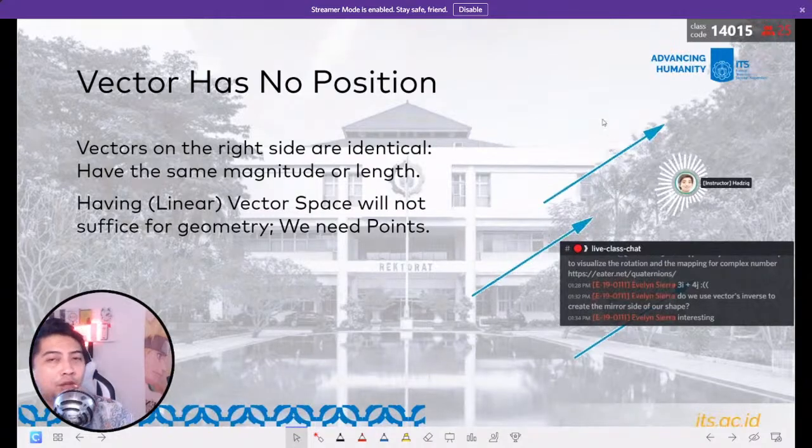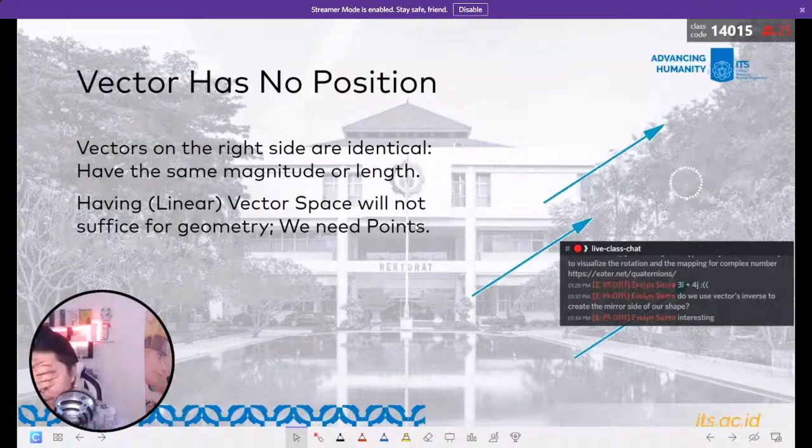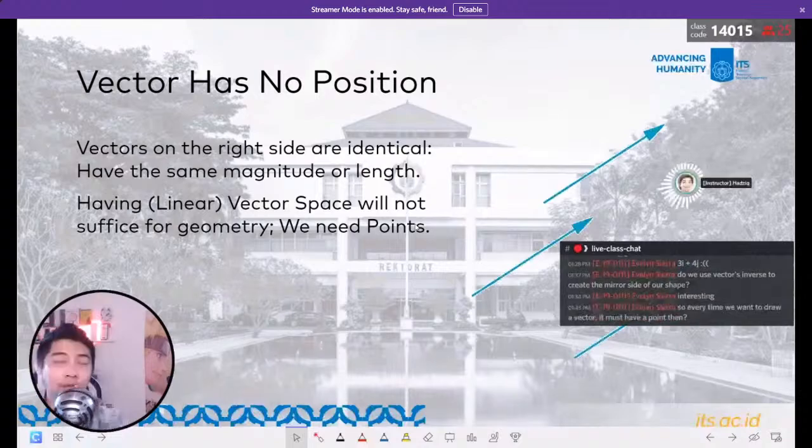If we want to represent any position, we need another term that's called points. And this is something that goes in a different manner starting from now. So that's why in our code, we need to distinguish between the vector and points.